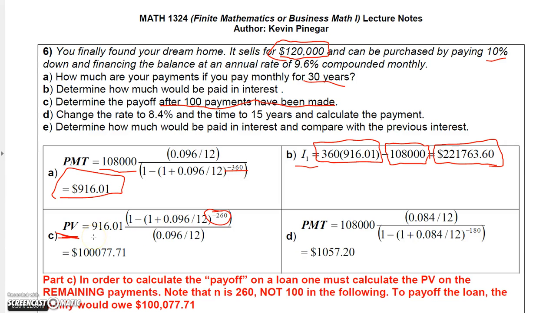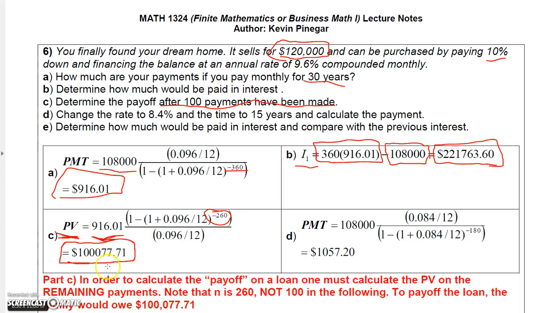So I want to find what is the present value of making 260 payments of 916.01. So that's all I have to do. So 916.01 is the payment, and I just use the present value formula, which has 1 minus 1 plus i in the numerator raised to the negative n, all over i. And so $100,077.71 is the equivalent present value to 260 payments of 916.01 at this interest rate.